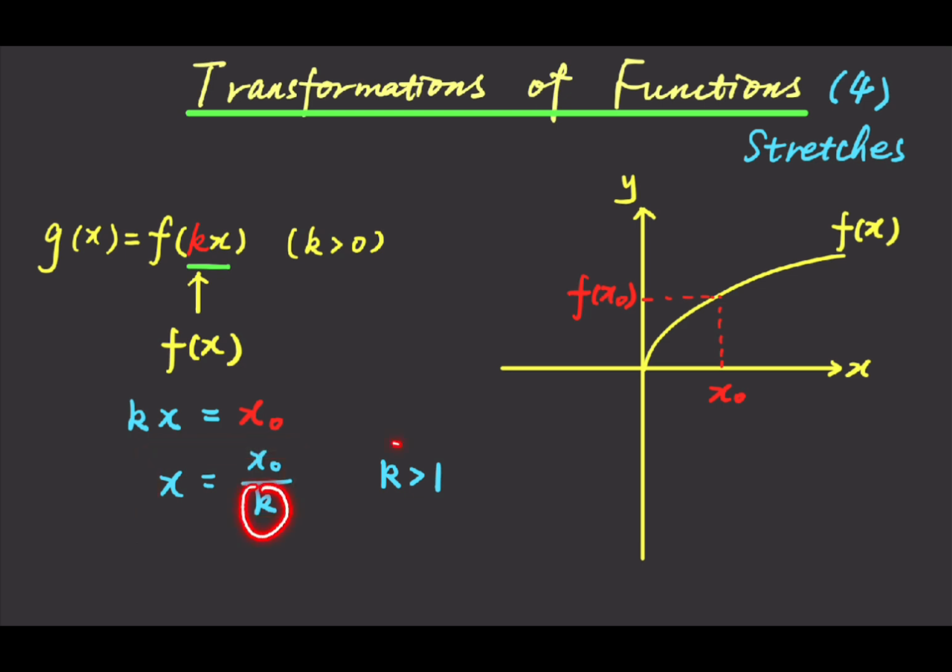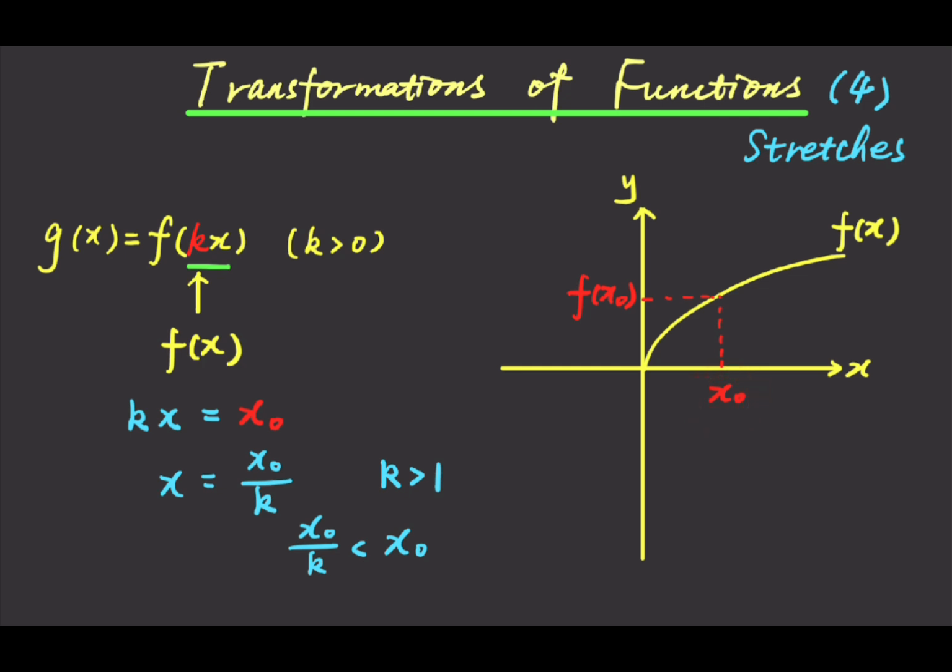But k is greater than 1, so this quotient should be less than x0. This x0 should be greater than this number. So for the same y coordinate, this x coordinate should be on the left side of this x0.